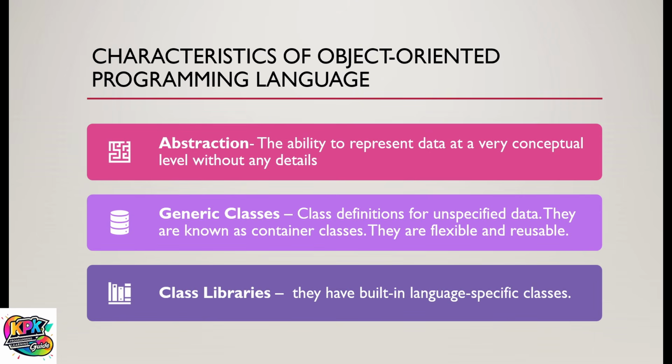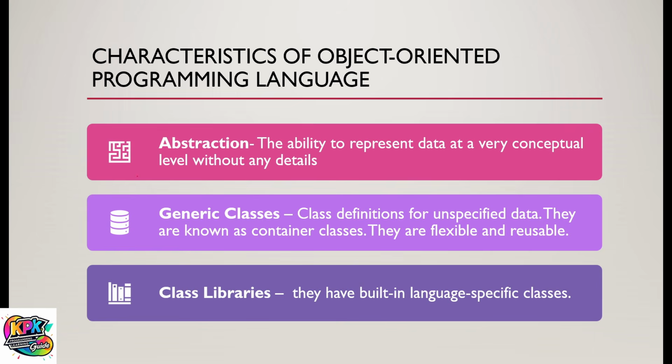And you don't need to know what actually happened inside there. Pressing the button, electricity passing through, you don't need to know that. So abstraction is basically representing data at a very conceptual level without revealing any details. When you press the button, things happen there, but those details are not known to you, or are not exposed. So that is the concept of abstraction for you.